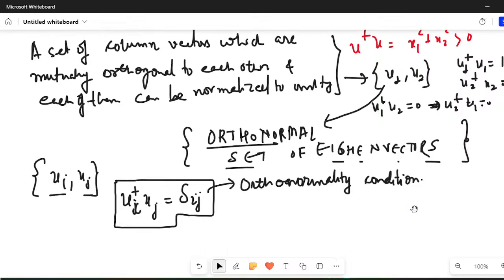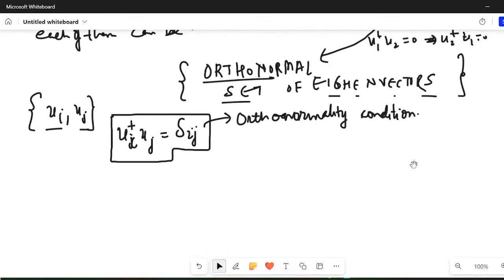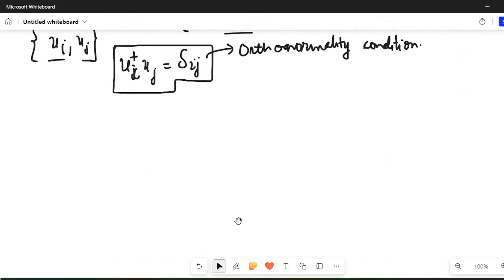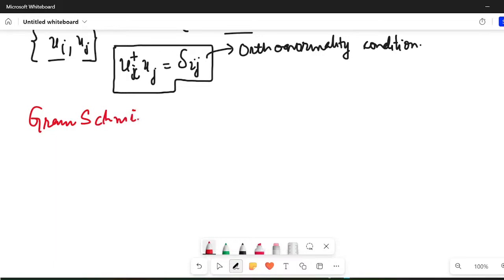Now there arises a question: how to construct an orthonormal set of eigenvectors? One of the standard approaches, or standard procedures, is called the Gram-Schmidt orthogonalization process. This is something we are going to see in detail later on, but I'm just writing it for your knowledge right now. I'm going to make you do a few more questions on this as well.